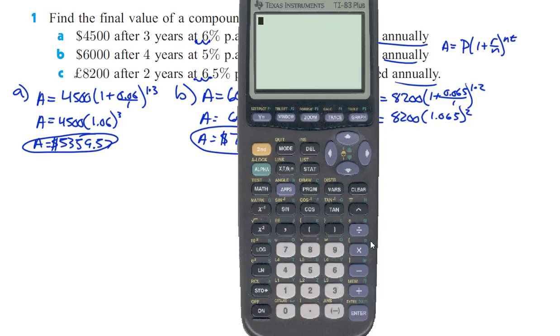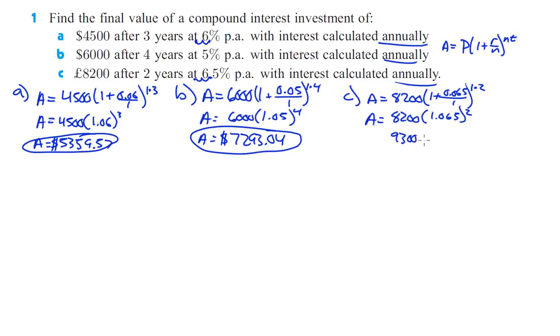All right, so we get 8,200 times 1.065 to the second. All right, and we get $9,300.65 is going to be what you're going to end up with.